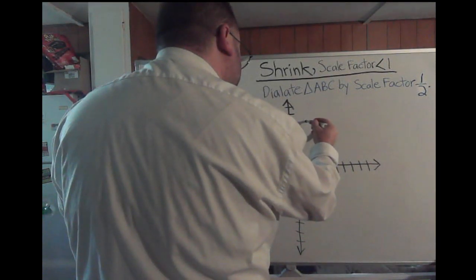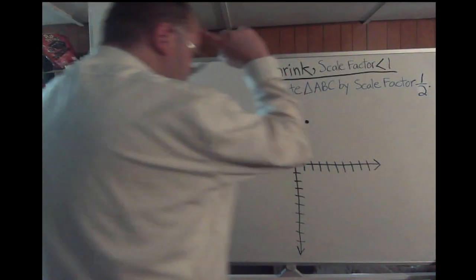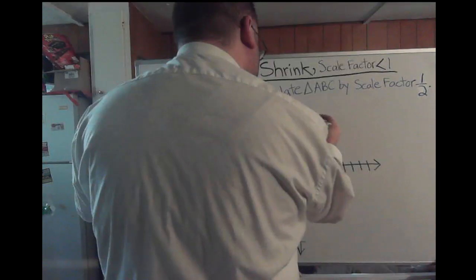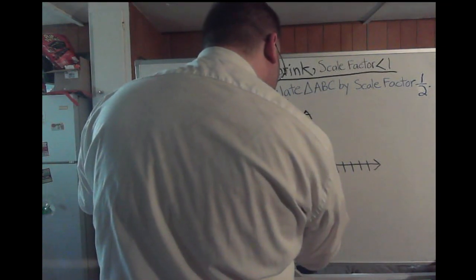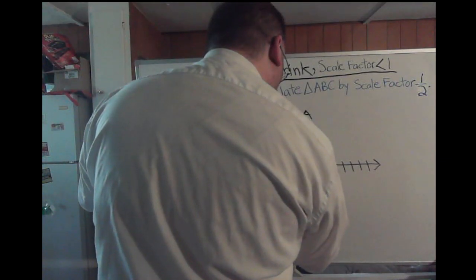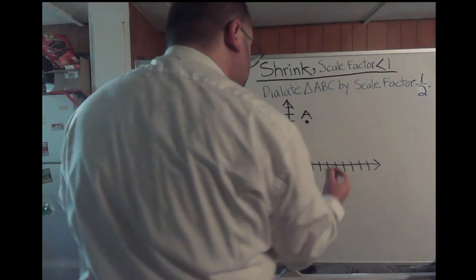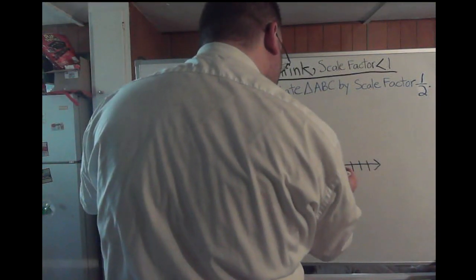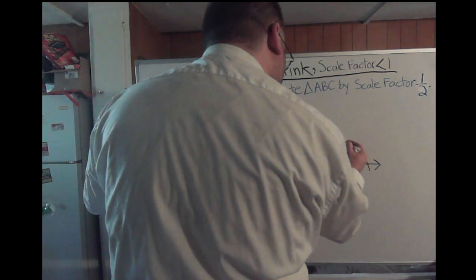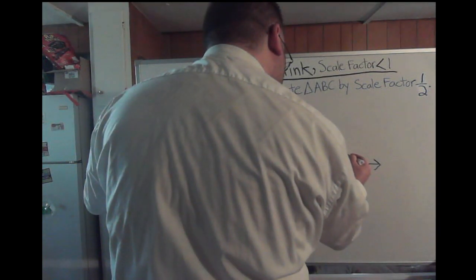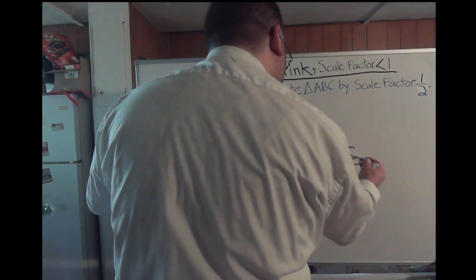We'll go 2, 6. That'll be A. We'll go 2, -4. That'll be B. And then 3, 4. 6, 2. That'll be C.